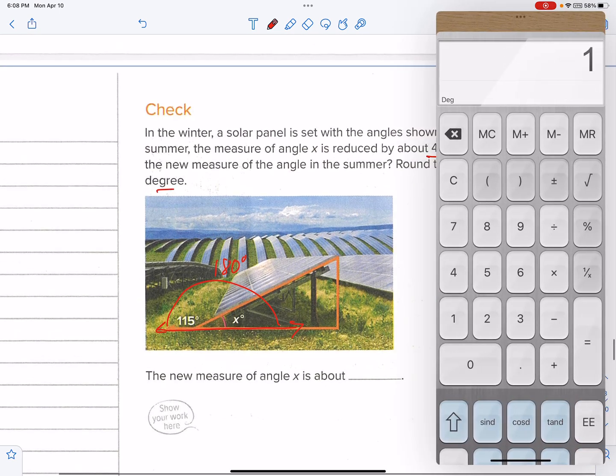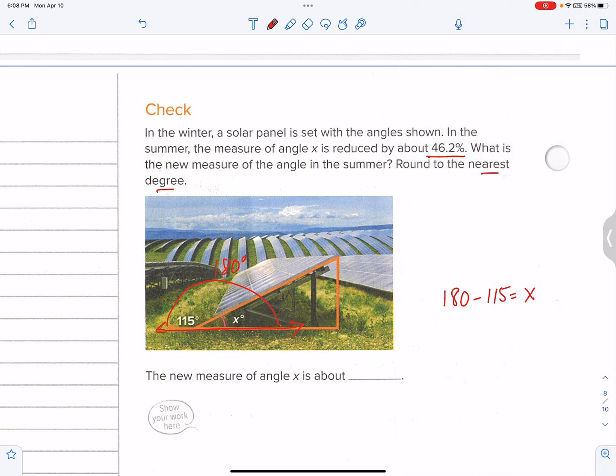So 180 minus 115 is 65. So 65 degrees is what x is. Okay, and we need to go ahead and reduce that by 46.2%, which is almost half. So it should be somewhere around 33, 34, or something like that, because that's about half.